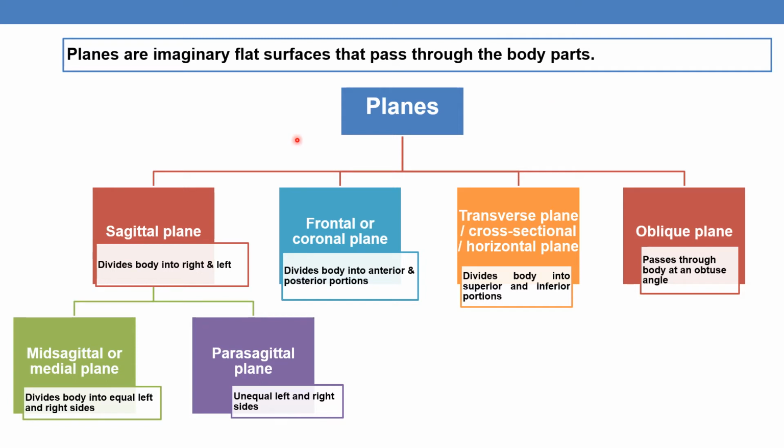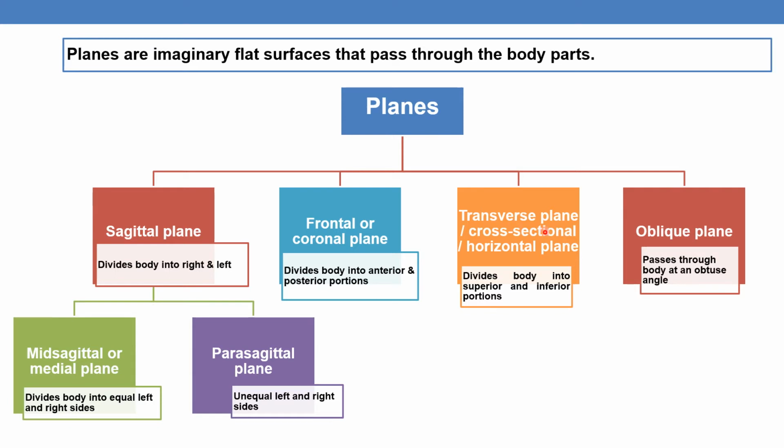Now let us discuss various planes. The first plane is sagittal plane, which divides body into right and left. The next is frontal or coronal plane. It divides body into anterior and posterior portions.